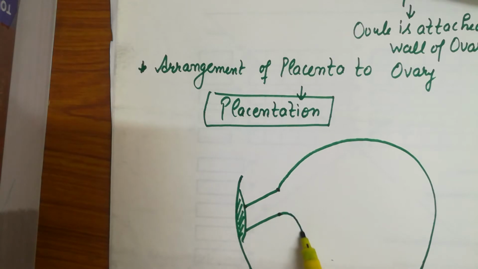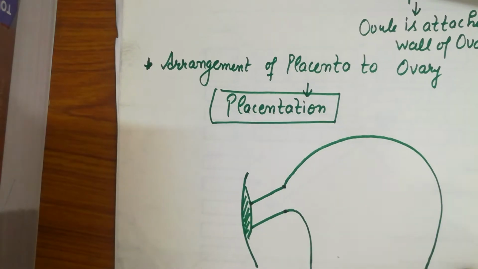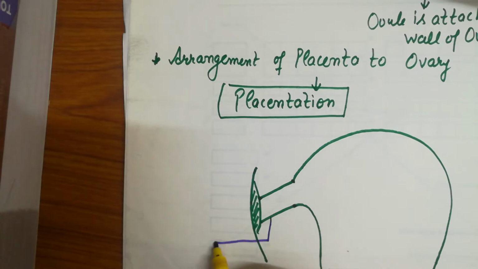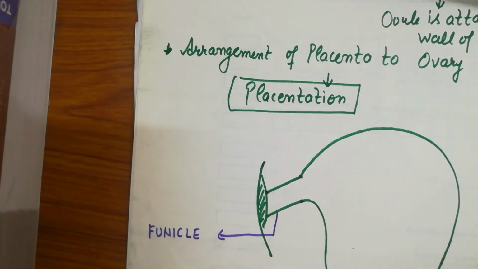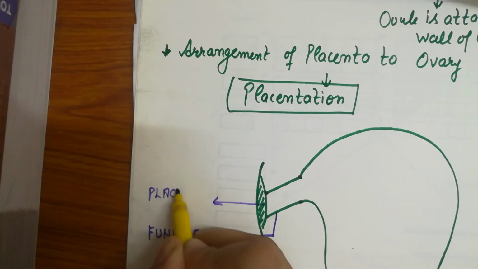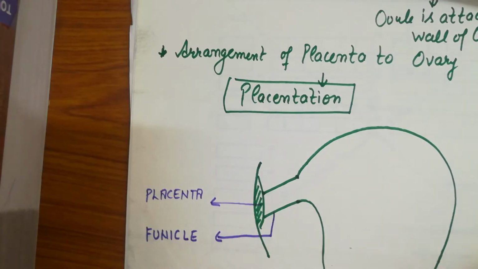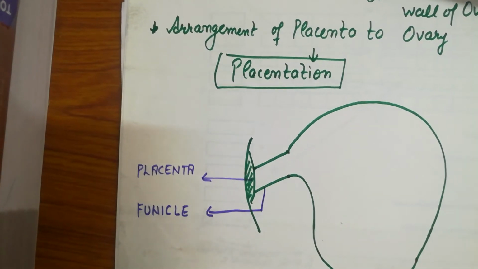This is the funicle and this whole other portion is known as the body. So we can label it here: this is funicle, F-U-N-I-C-L-E. And what is this? This is placenta. Clear?